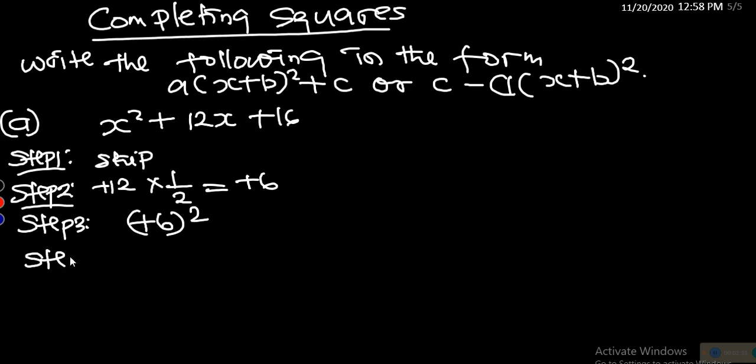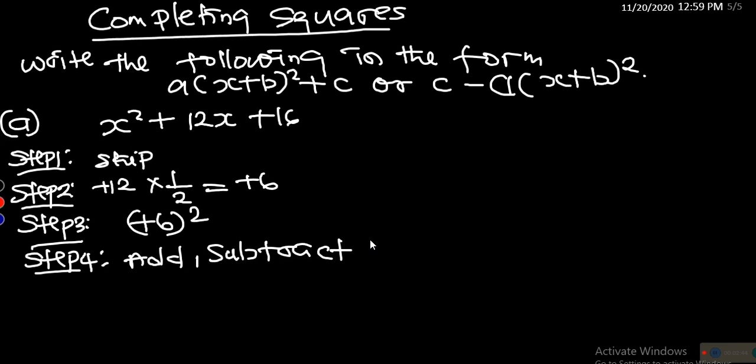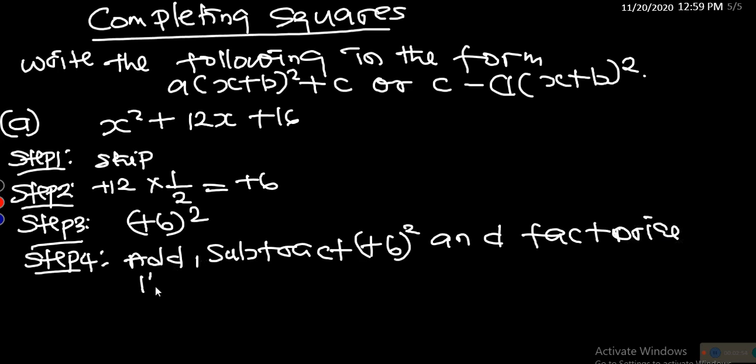And step 4 is to add and subtract 6² and factorize the perfect square.